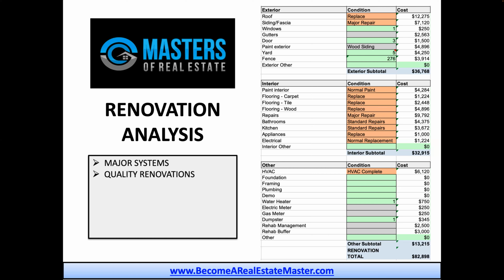Okay. Quality renovations, like I mentioned, what are the materials that you plan on using? So you have to get very, very familiar with what these costs are. And if you're a newer investor, get your butt over to Home Depot and Lowe's and all these other suppliers and price out all the materials costs, and then talk to contractors about how much time it might take to do the flooring in a house, or the roofing, or the plumbing or electrical, or those different aspects, so you can gauge how much of an hourly rate they're charging you.